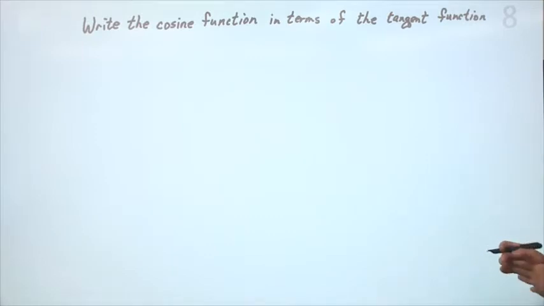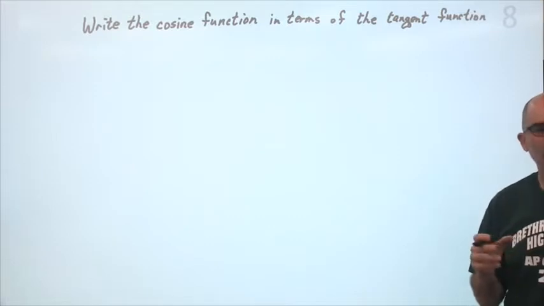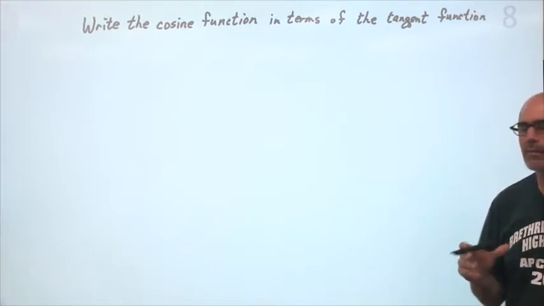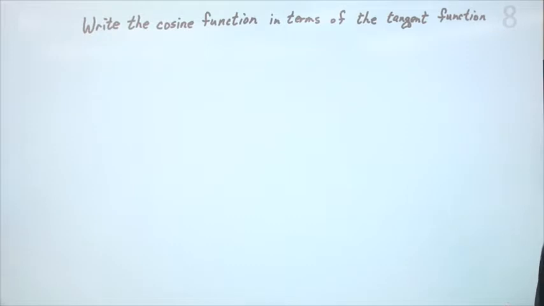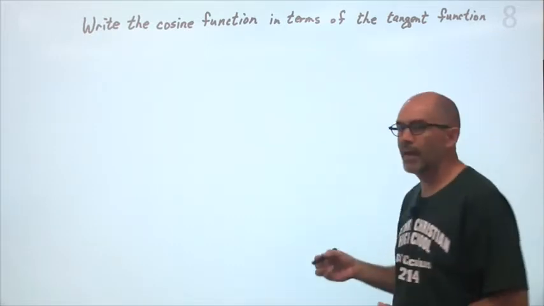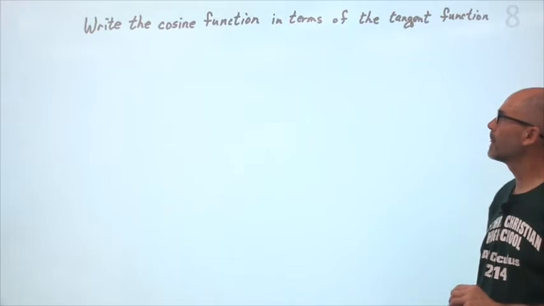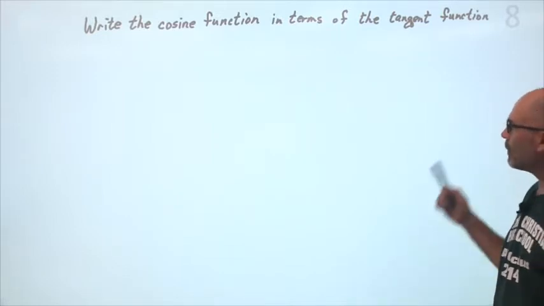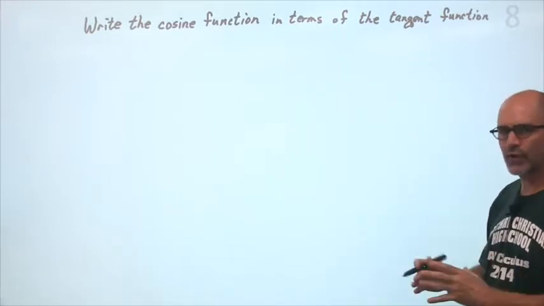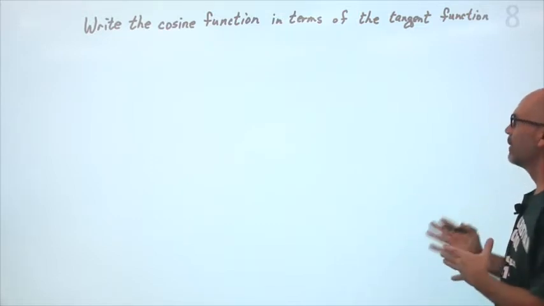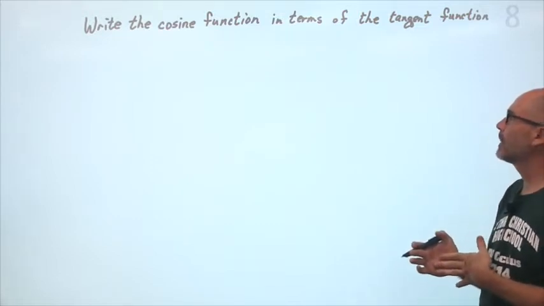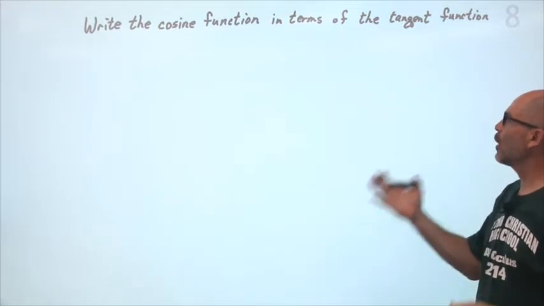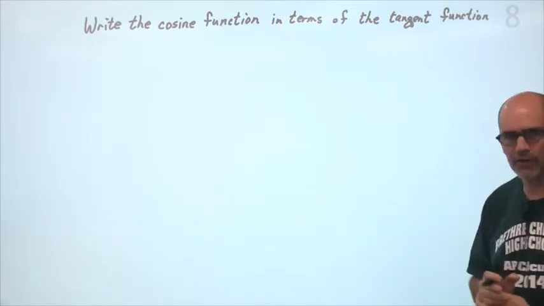All right, now, how do we write the cosine function in terms of the tangent function? Okay, so we know that cosine squared equals 1 minus sine squared. Now we want to be able to write one trig function in terms of another. For example, write the cosine function in terms of the tangent function.